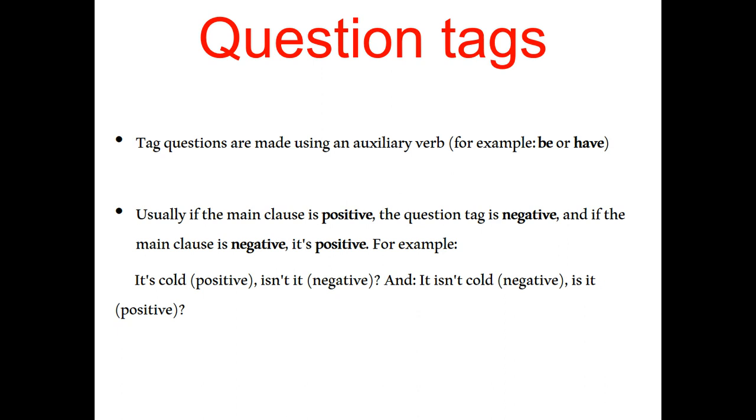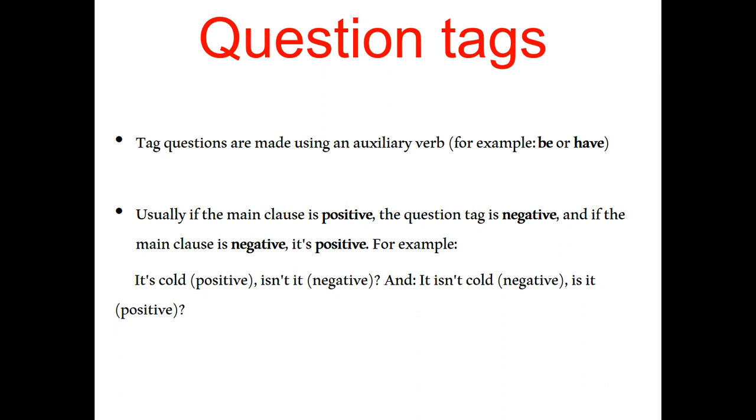Okay, we have this point. Usually if the main clause is positive, the question tag is negative. For example, we have a sentence. Our sentence is positive, but in the question tag part we are going to change it. We have to make it negative.